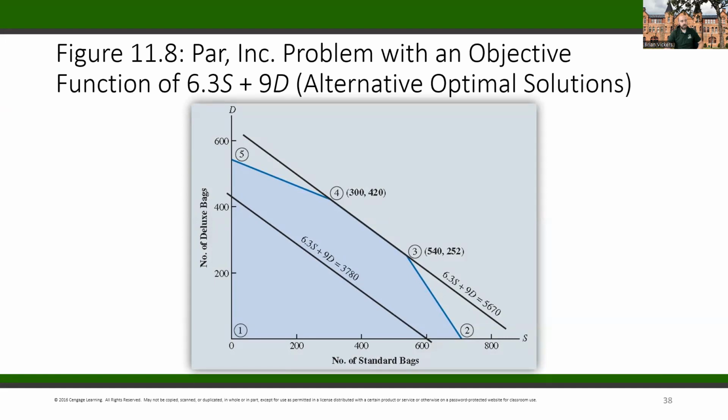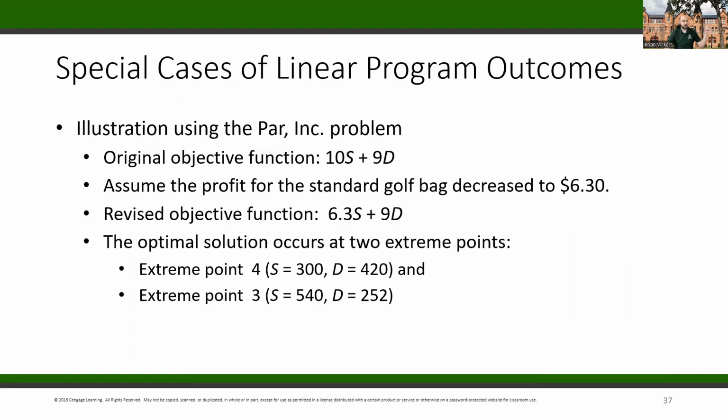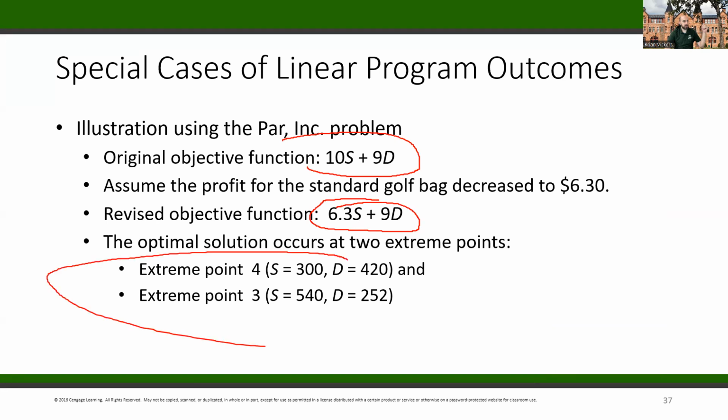It just so happens that there's 2 combinations we could do that both come up with the exact same amount of profit. And we're using very simple numbers, so I guess I can explain it. If they had, okay, so not at 10 and 9, but only if they had $6.30 and then $9 were the amounts, then you can create two different points.